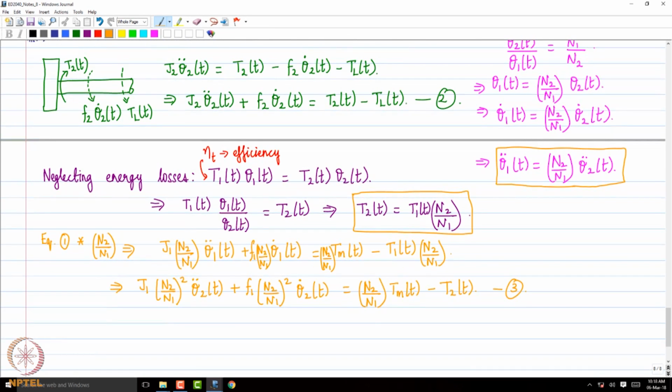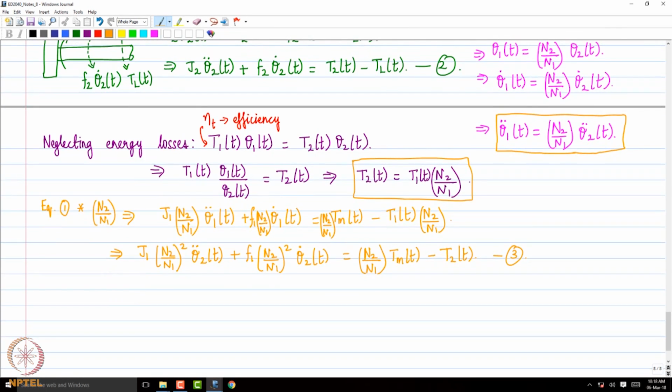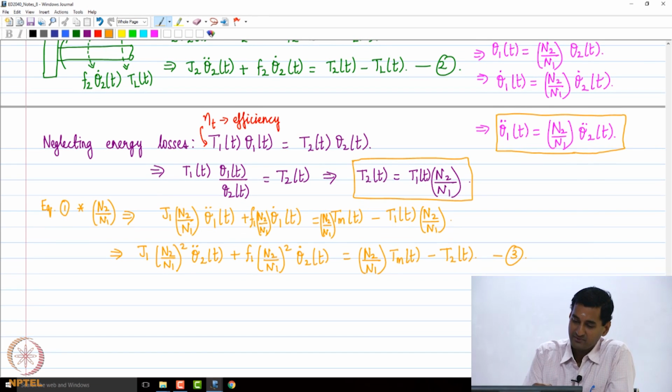Now, we are almost through. We just add 2 and 3. So let us do 2 plus 3. What will 2 plus 3 give me?